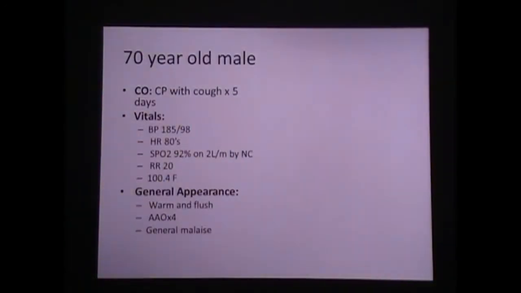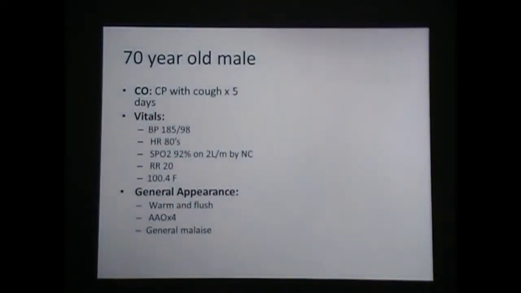So let's do some practicing. I've got a couple of scenarios, a hospital-based term, sorry. We've got a 70-year-old male, chest pain with cough times 5 days. Vitals: blood pressure 185 over 98, heart rate in the 80s, saturating 92% on 2 liters, respirations 20, a little warm at 100.4.